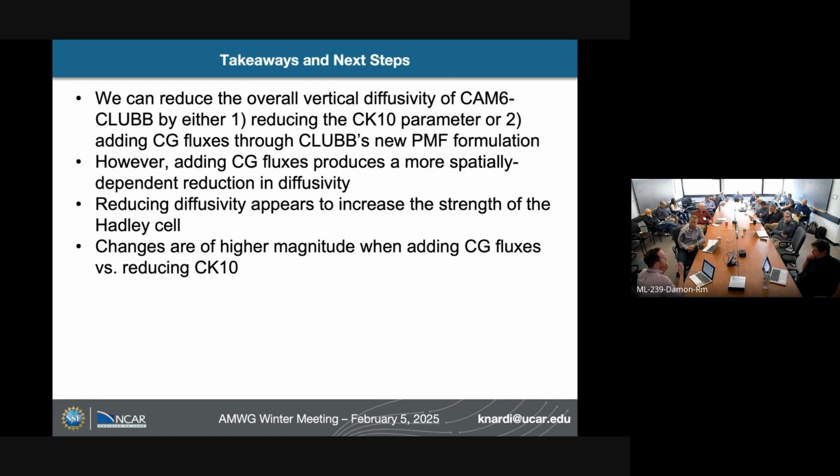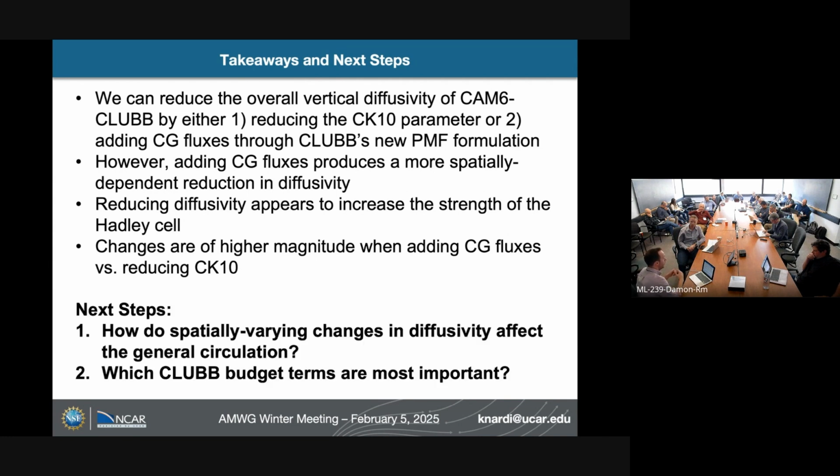And we're seeing that reducing diffusivity appears to increase the strength of the Hadley cell in these aquaplanet configurations. And we see that adding countergradient fluxes versus just reducing CK10, it produces a higher magnitude response.